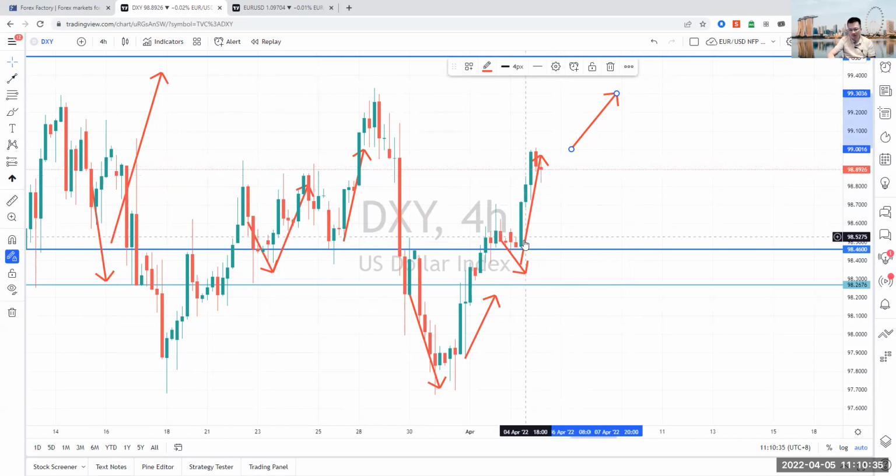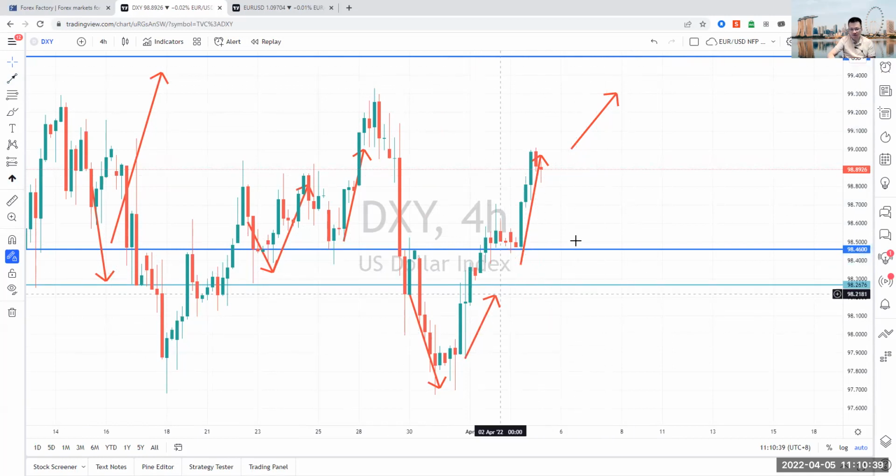So a bit like this scenario here, I'll take away some arrows just so it's easier to see, where it's going to consolidate, look like it's retracing a little bit before shooting up again. I think we can expect to see that retrace before pushing higher towards that 99.30 level, which if that does play out, is going to be quite interesting.